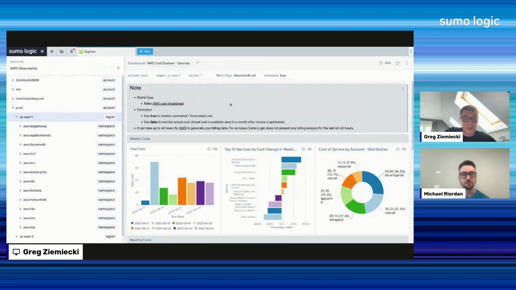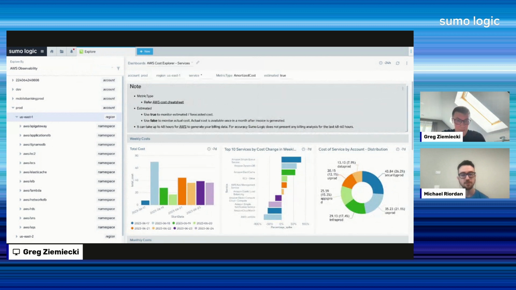If we look at a very similar panel showing the dynamics of the cost of a particular service, we can see Amazon SQS and also Amazon DynamoDB, right? So 2 examples.